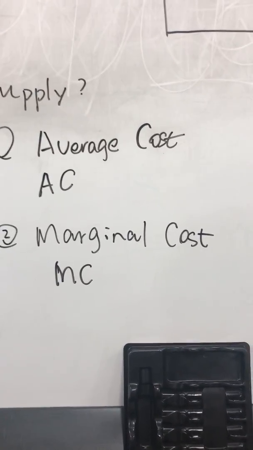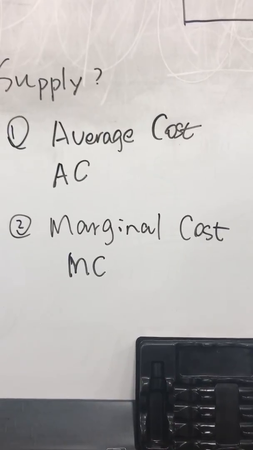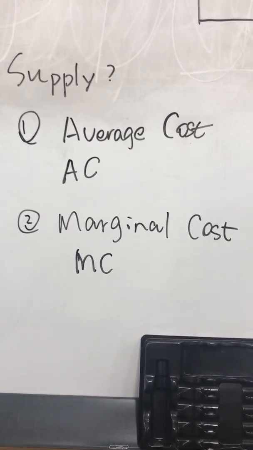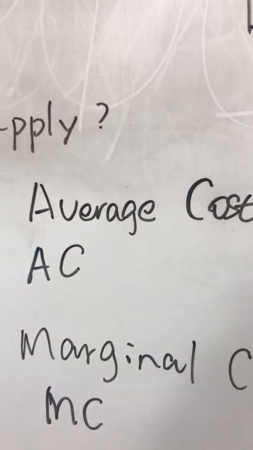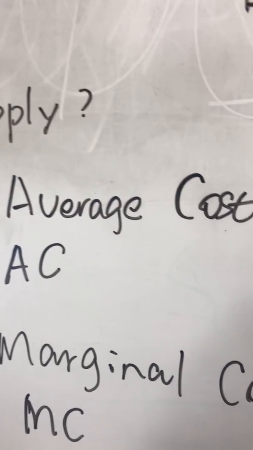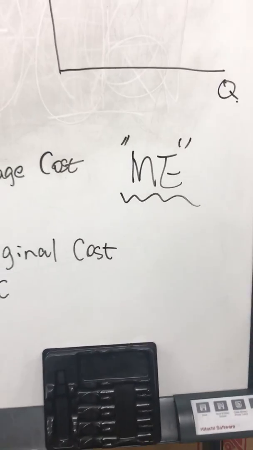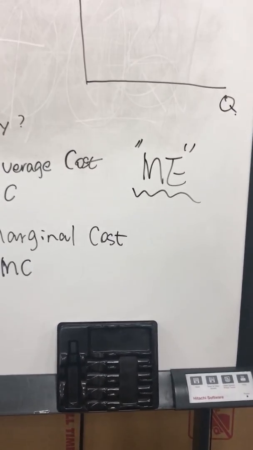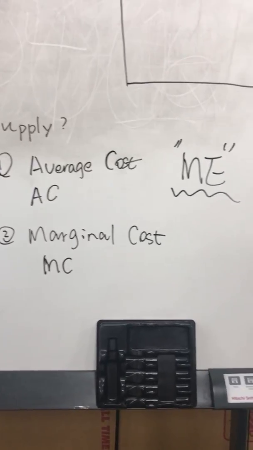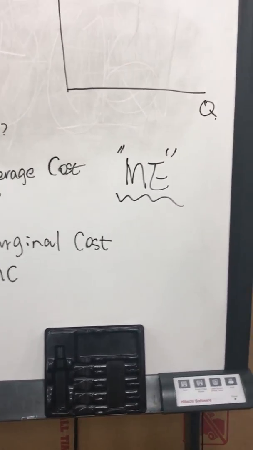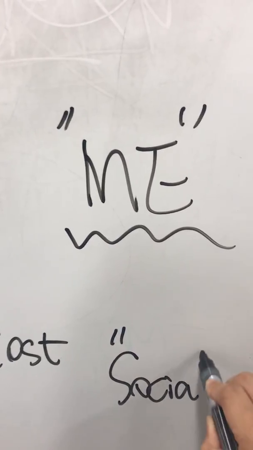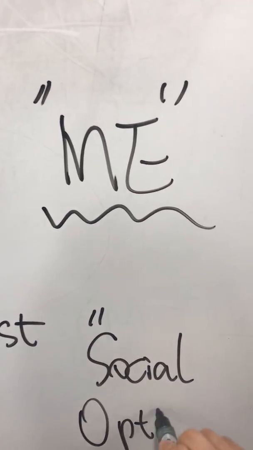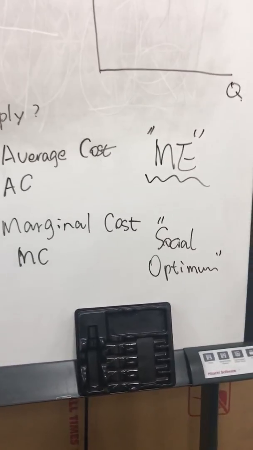Then what's the difference between these two? Whenever we are talking about the market equilibrium, we are talking about the decision with respect to average. Whenever we want to talk about the social optimum, we are talking about marginal.